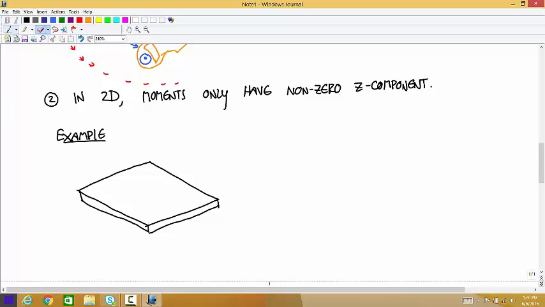Okay, so let's say that there's this big plate that's connected to the wall by hinges. That's not going to come up in this problem. And it's supported by a cable that goes from the center of the plate to a point on the wall.